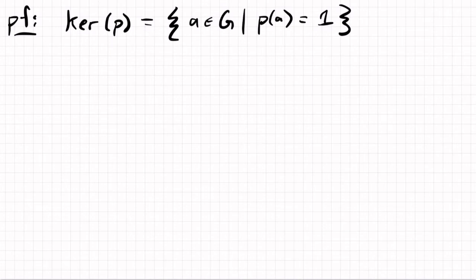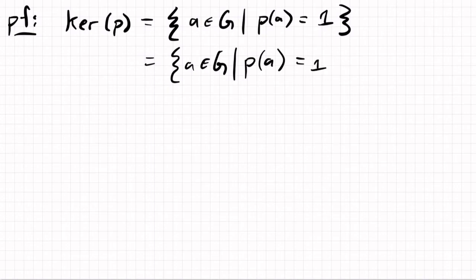If we remember what 1 is in G/N, this is the coset 1 times N, because that's the identity element. That's because the identity element is going to be P of 1.